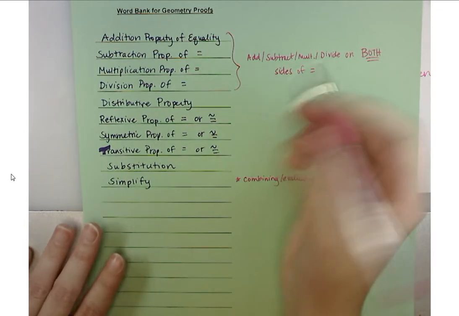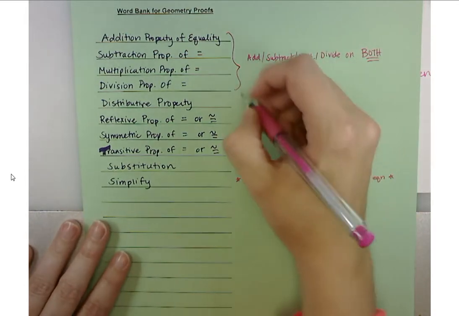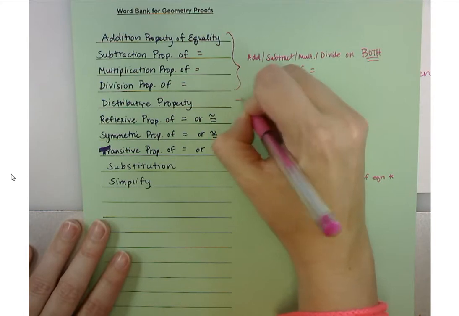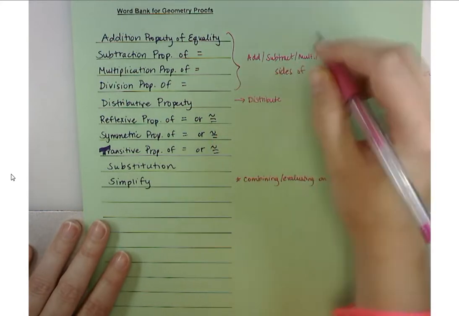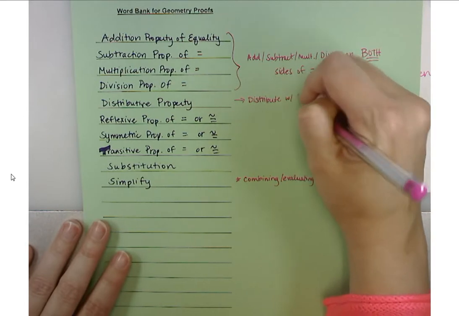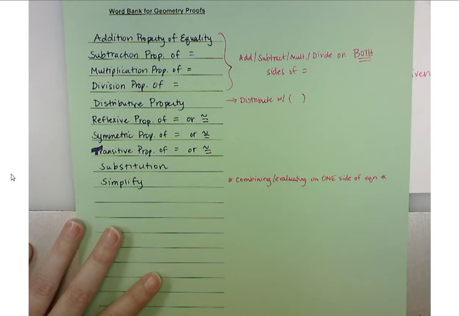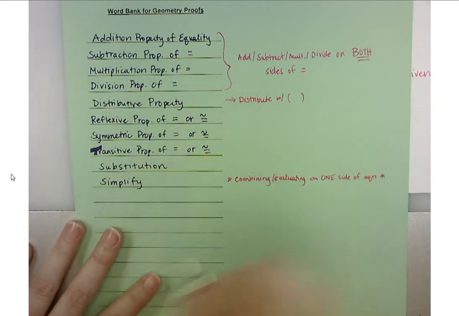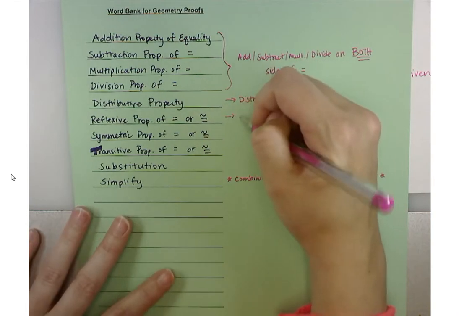Your distributive property, that's when you have the parentheses. You can just write distribute with parentheses. Your reflexive, we said it was like a mirror because that's when something is equal to itself.